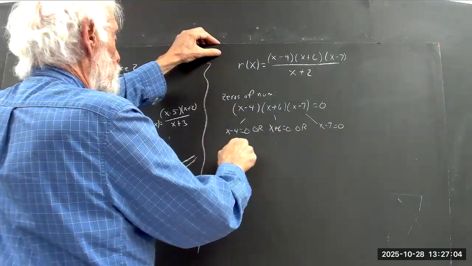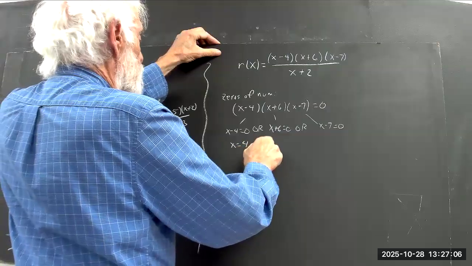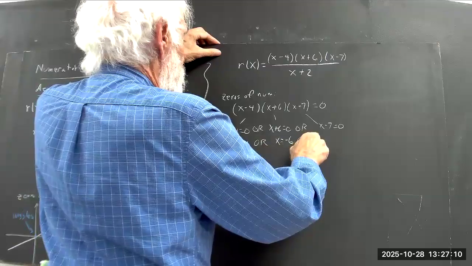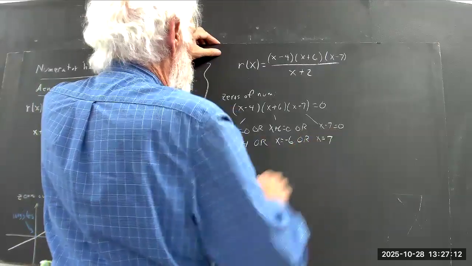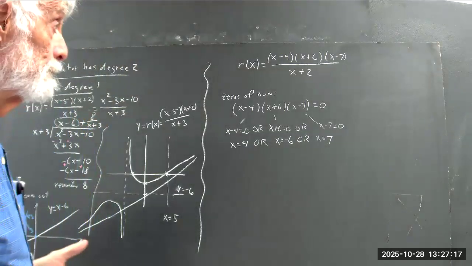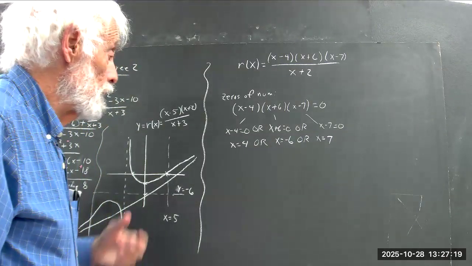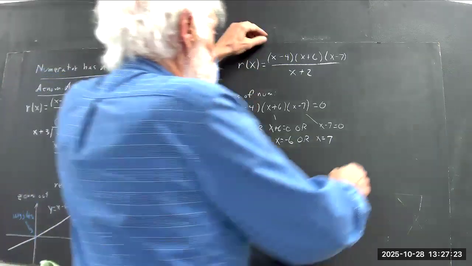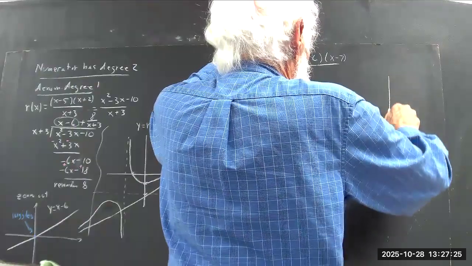you find that x equals 4, or x equals -6, or x equals 7. So if we've got our graph, got to figure out a good place to put the graph. Guess I'll put it over here.